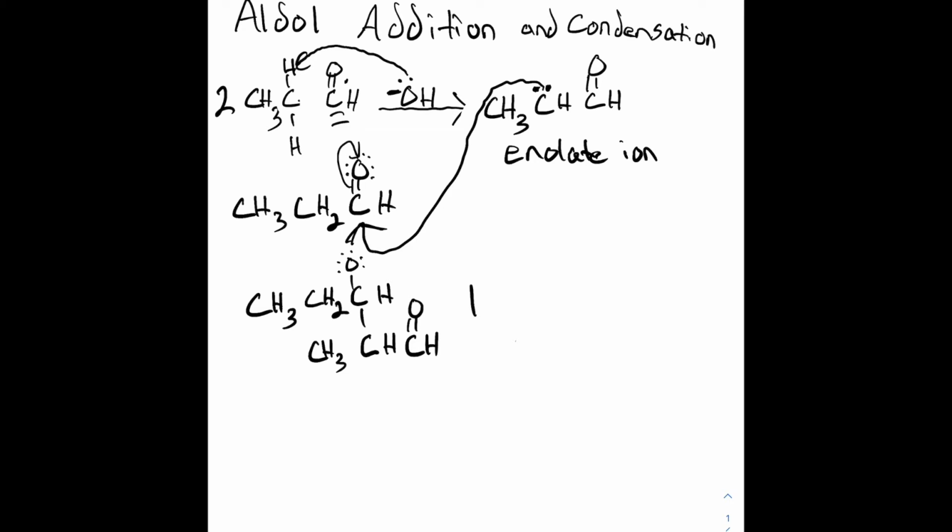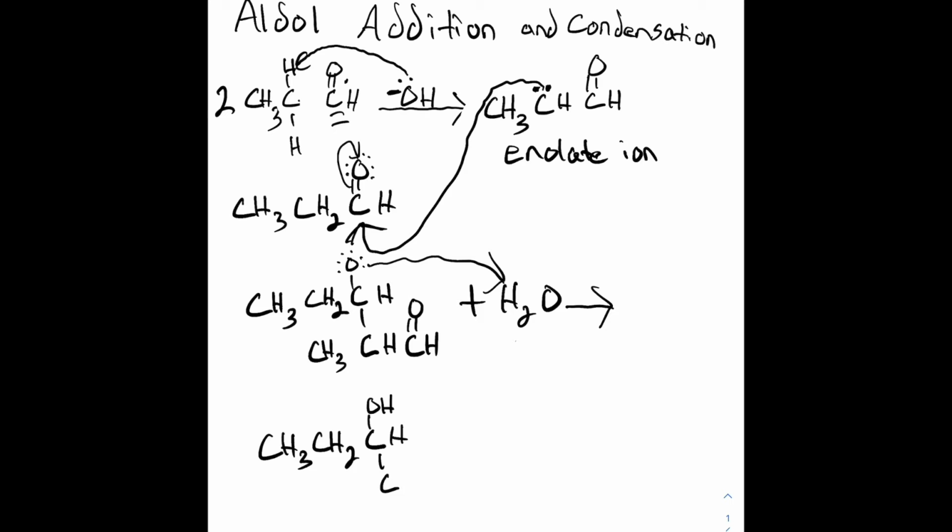And from there you simply add water. So this lone pair of electrons reaches out and grabs one of these hydrogens off the water, and you have an alcohol, like such.